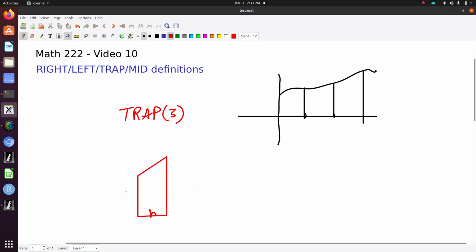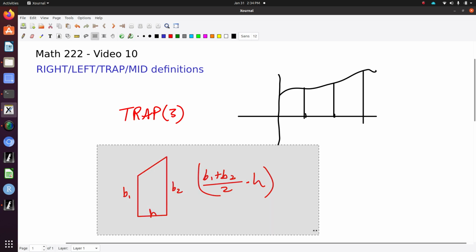Okay, so the area of a trapezoid is base 1 plus base 2 over 2 times h. So it's the average of the 2 bases. That's the official way of thinking about it. Okay, so that's the official nomenclature. I know they don't look like bases, they look like height 1 and height 2, but we call them bases because we normally put the parallel sides up and down.